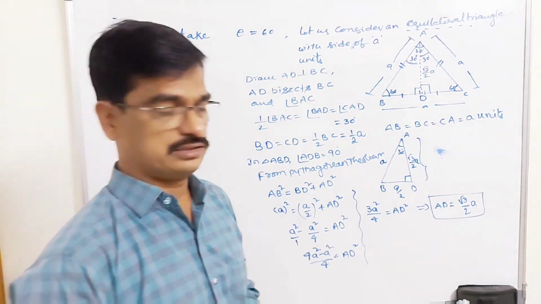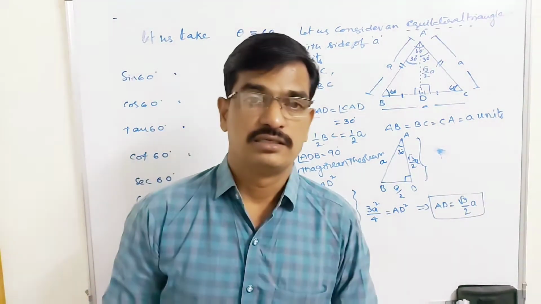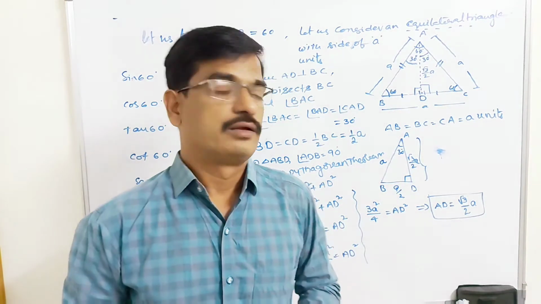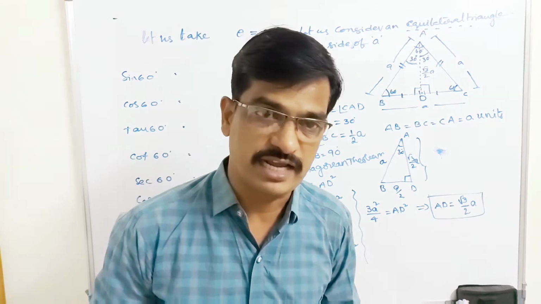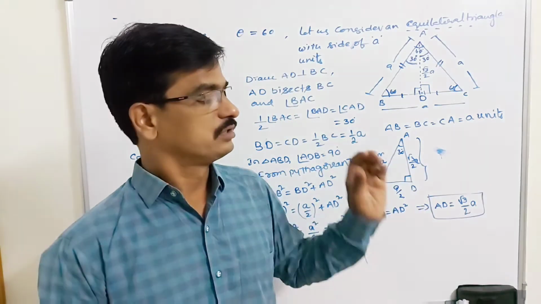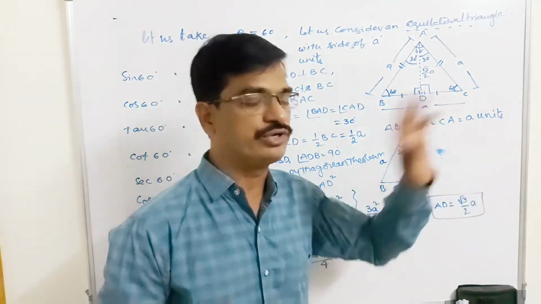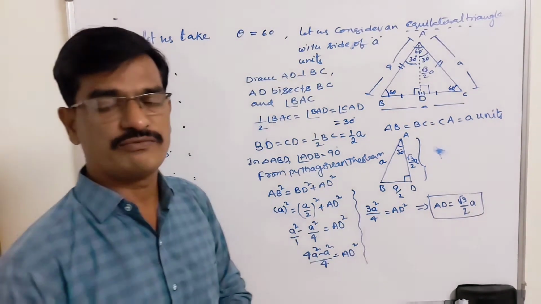Okay, in general, in some question papers and revision tests, they will ask: prove that the height of an equilateral triangle AD is equal to root 3 by 2 a units. The same thing you have to write for that also.